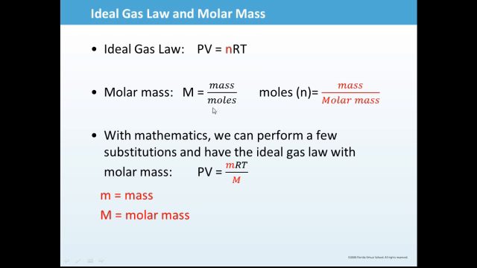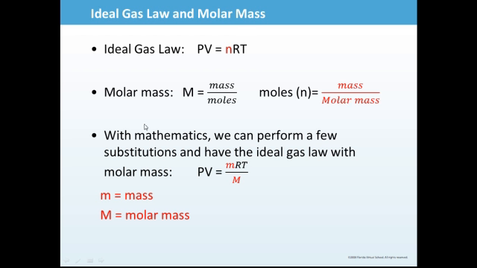If we were to rearrange this formula using our basic algebra skills, we're just going to solve for moles. So moles, which we use a lowercase n for, remember, equals mass divided by the molar mass. All we did here was rearrange to get moles out of the denominator.